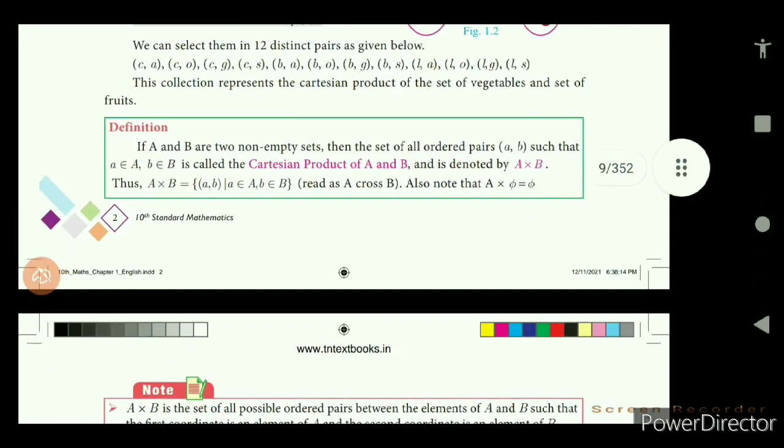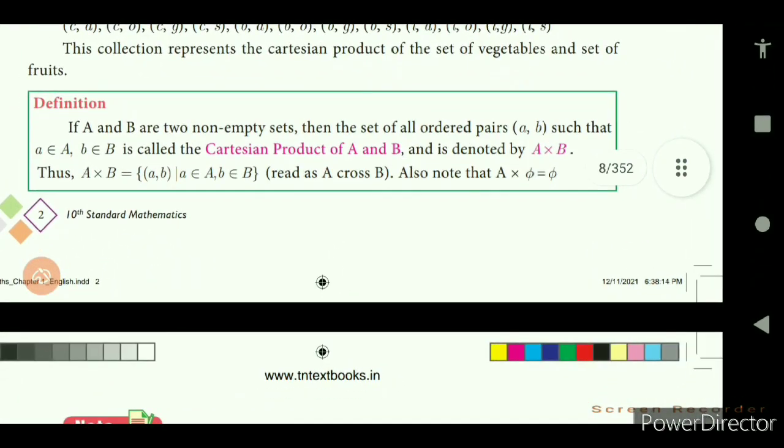Okay, this is the important definition. For making a cross product, we need two non-empty sets. If any one of the sets is null, we can't make a combination. So see the definition. If A and B are two non-empty sets, then the set of all ordered pairs (a, b) such that a belongs to A, b belongs to B is called the Cartesian product of A and B. It is denoted by A cross B, which we already know.